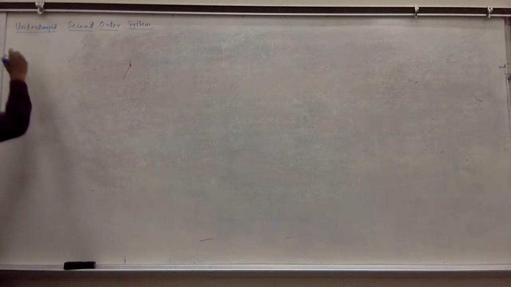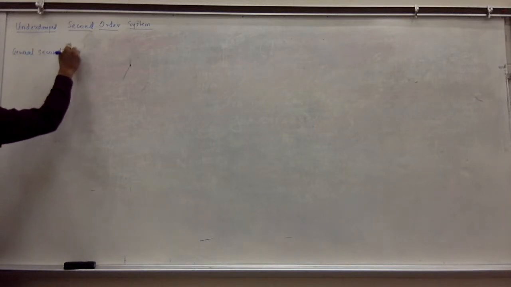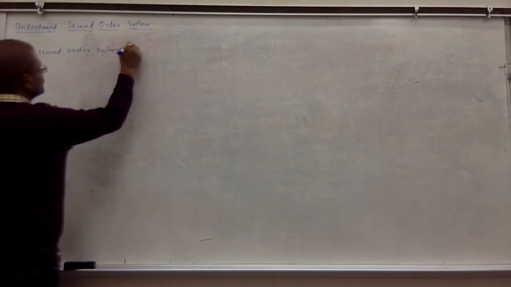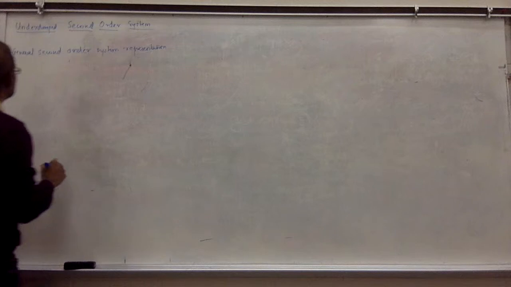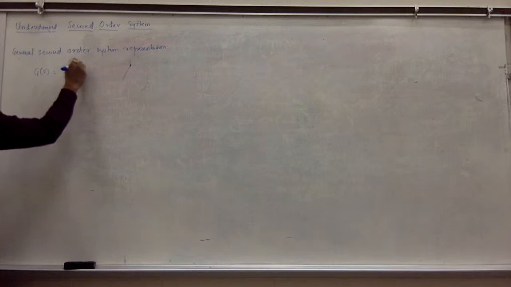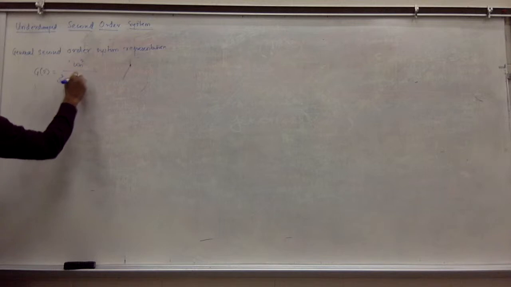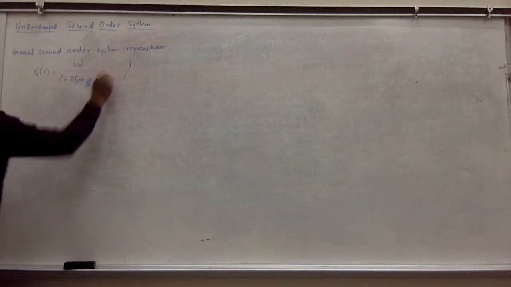So what was the general second order system representation? We have G of S equal to omega n square divided by S square plus 2 zeta omega n S plus omega n square.